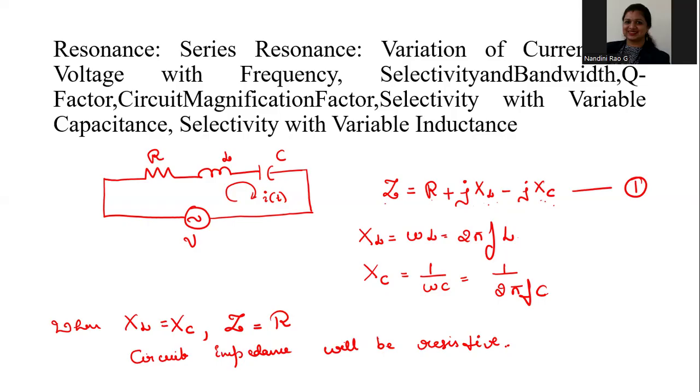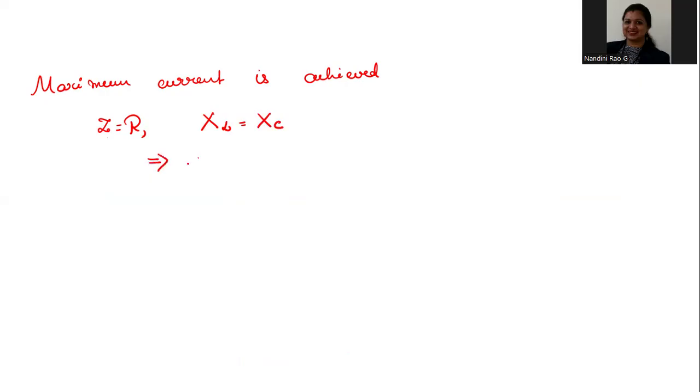I'll show that again later on. Okay. So maximum current is achieved. When do I achieve maximum current? At resonant condition, Z equal to R or XL equal to XC. So this condition is referred to as resonant condition.